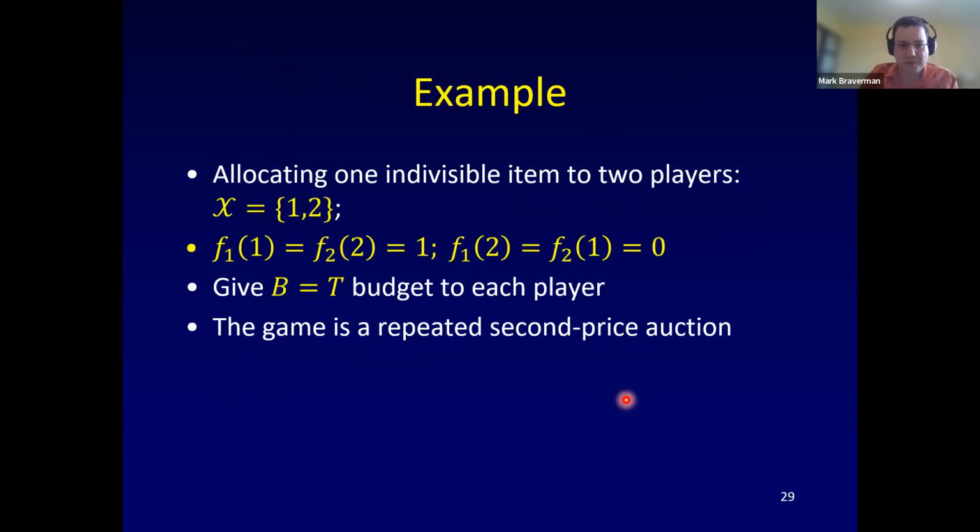So let's see an example. It's the simplest possible example. You want to allocate one indivisible item to two players. So the solution space is 1, 2. The utility function of each player is 1 for getting the item, but 0 for not getting it. I should point out that those Fs are in a setting without money, so they're defined in the affine space.